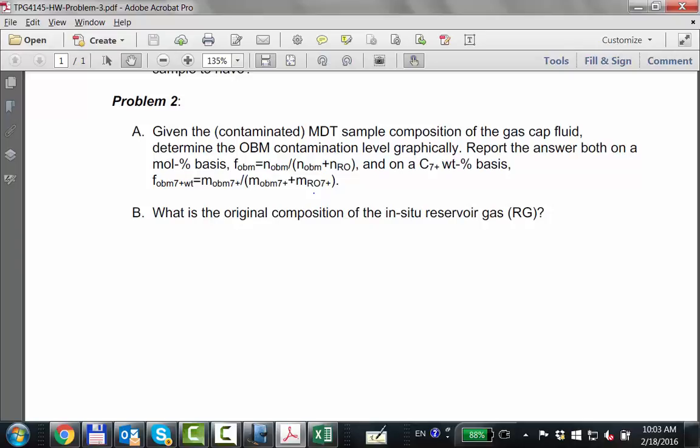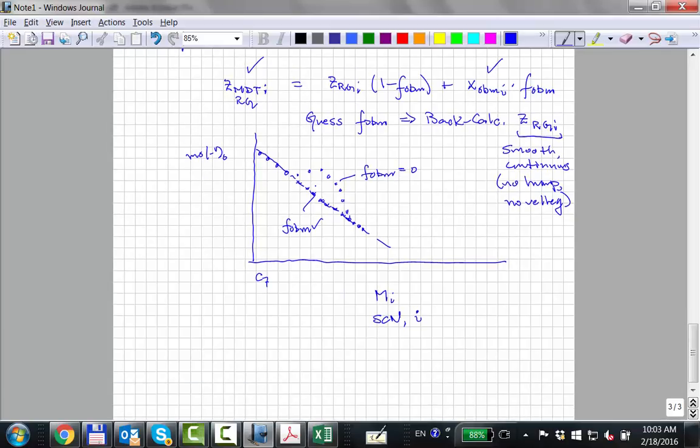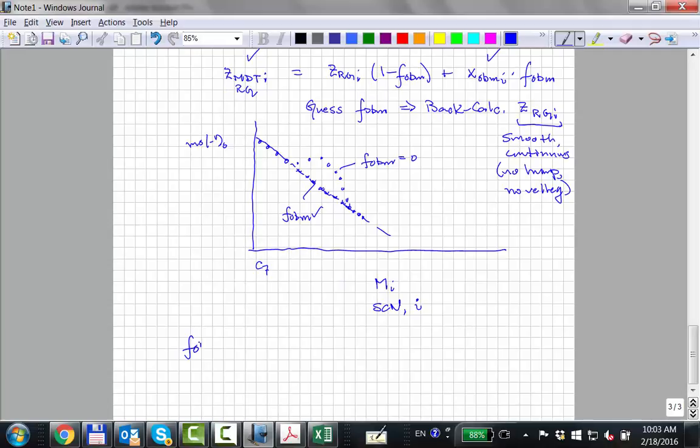So to solve this second problem, the first part's okay, but getting FOBM is a graphical thing, and then you have to calculate that. So there must be some way to go from FOBM to this C7 plus weight percent. There must be some link between the two. And you also need that link for the second problem. So you might as well figure it out and use it on the first problem.